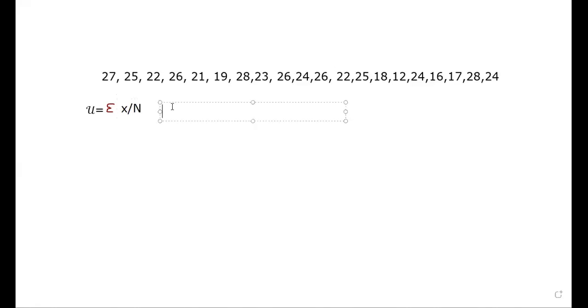So now we can find it out from here. So values of x, that means we have to add all the values from here to find out our population.